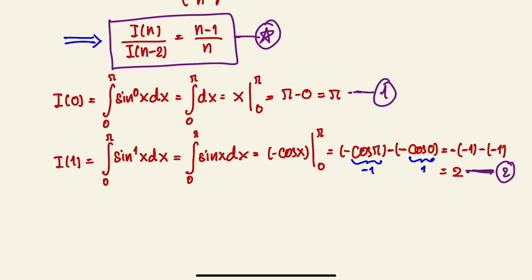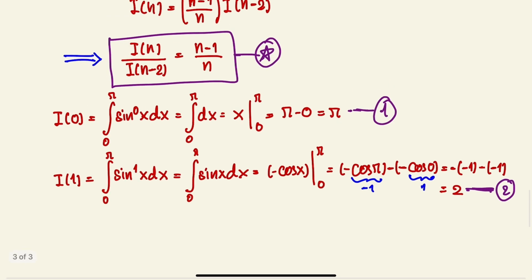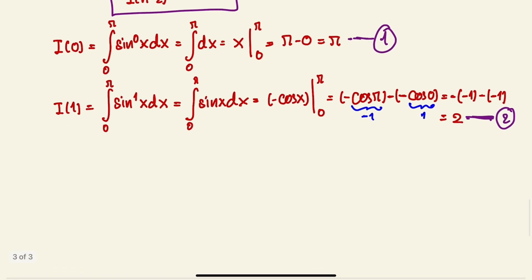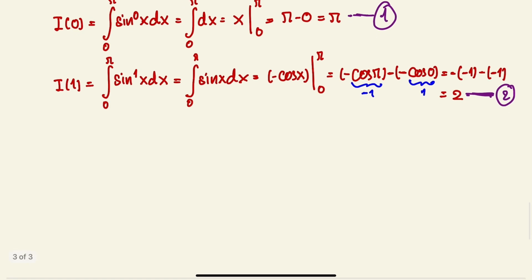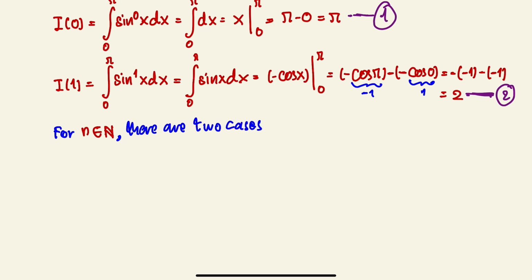Now, what about I2, I3, I4? Okay, so I have to split into 2 cases. For n, a positive integer n, there are 2 cases.